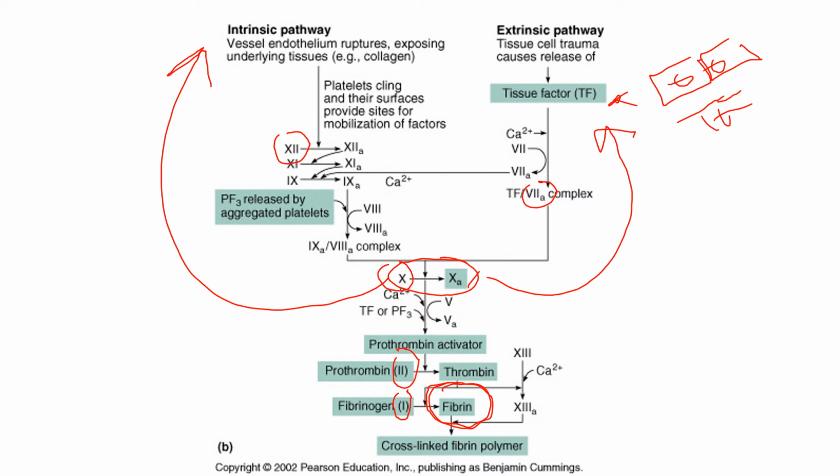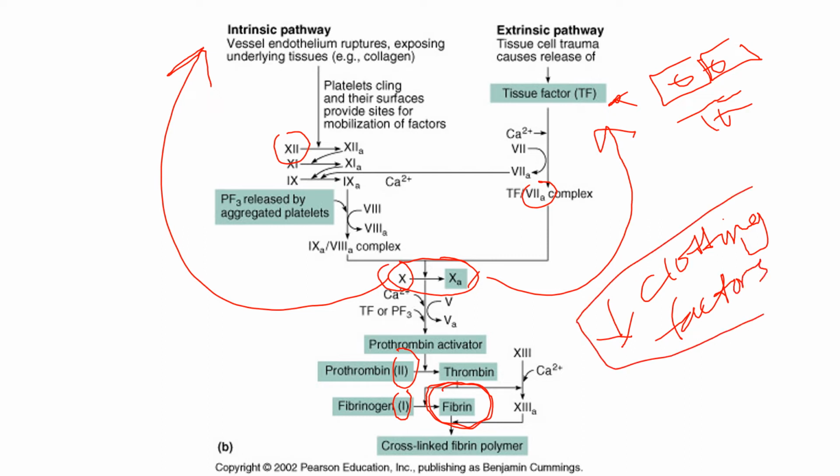So if you have a deficiency, a decrease in clotting factors, the patient will get what? A bleeding disorder. Why? Because you don't have clotting factors. Bleeding.